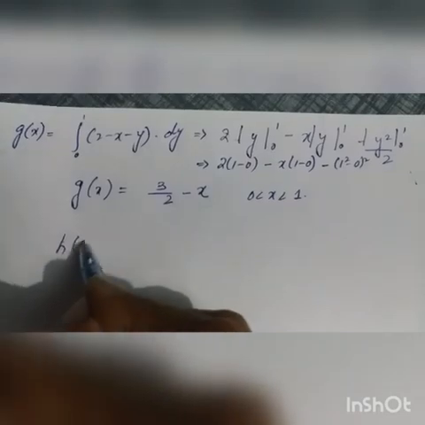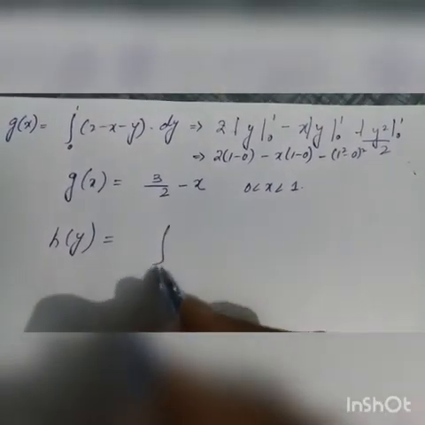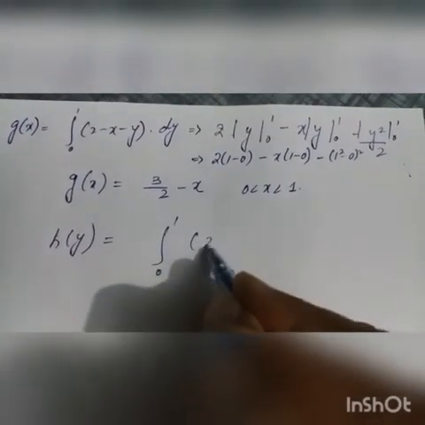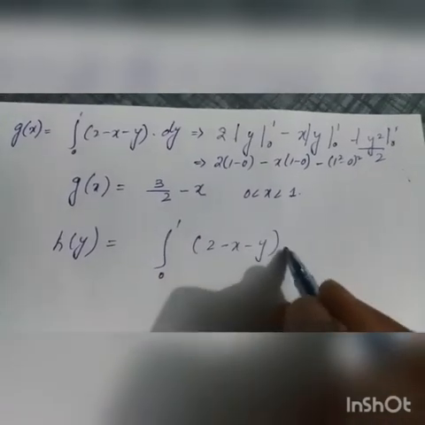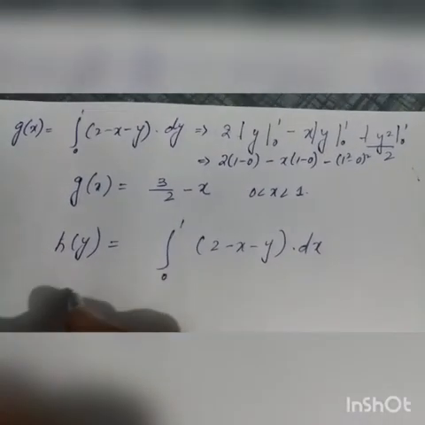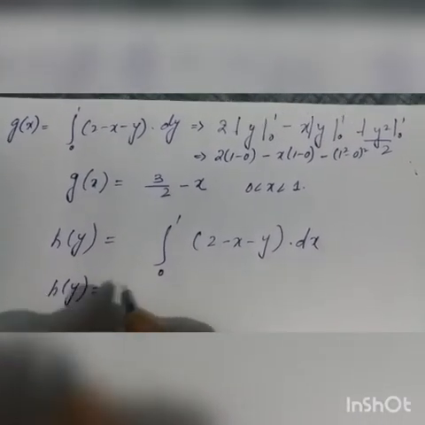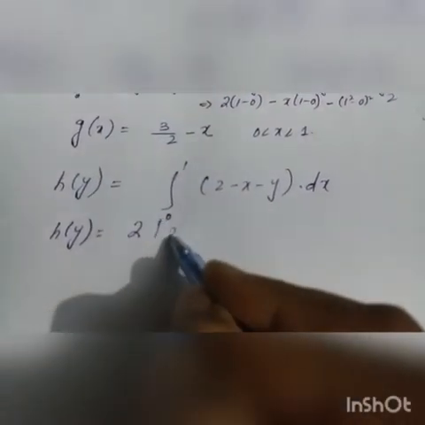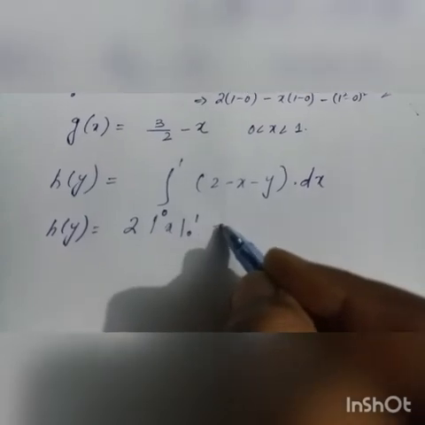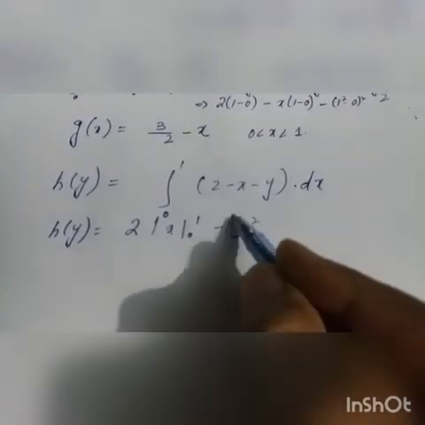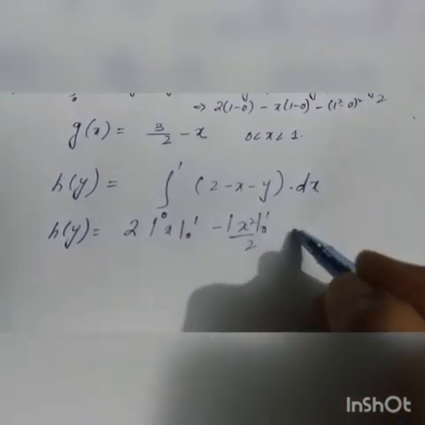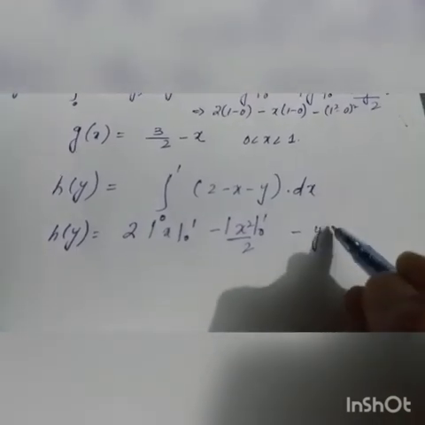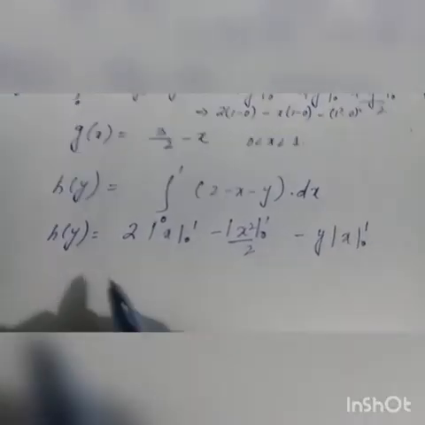Now our next step is to integrate the function from the limit of x to find h(y). It means we will get 2 x from the limit 0 to 1 minus x square upon 2 from the limit 0 to 1 minus y as it is, and x from the limit 0 to 1.